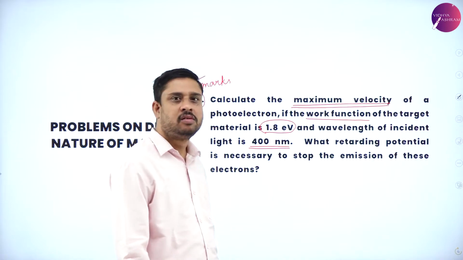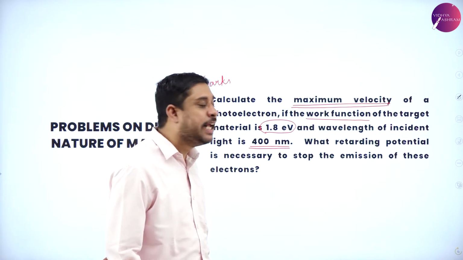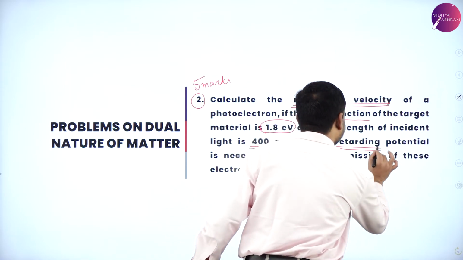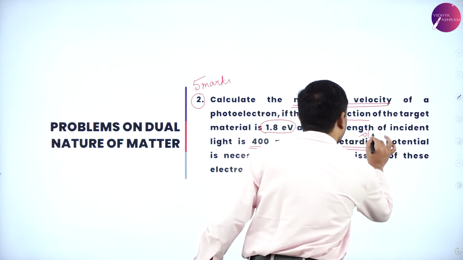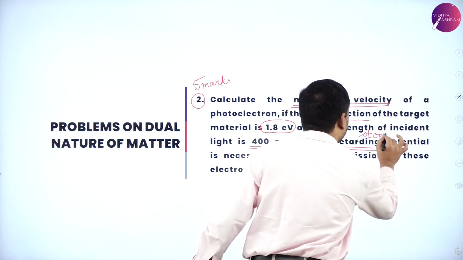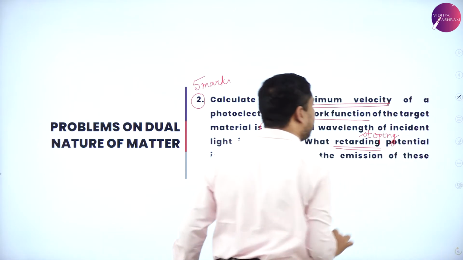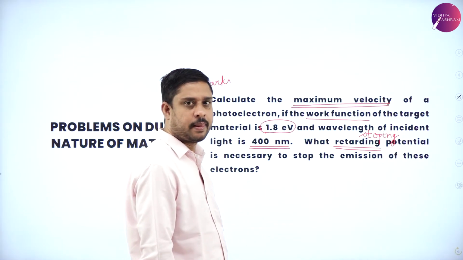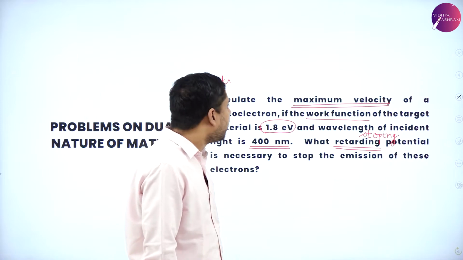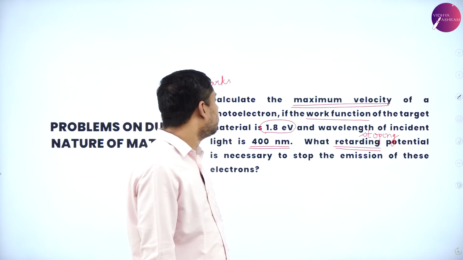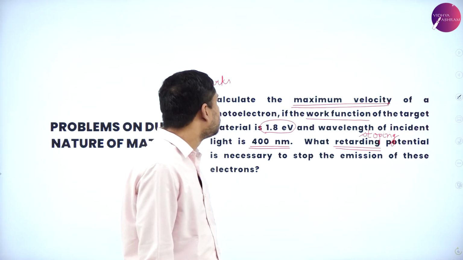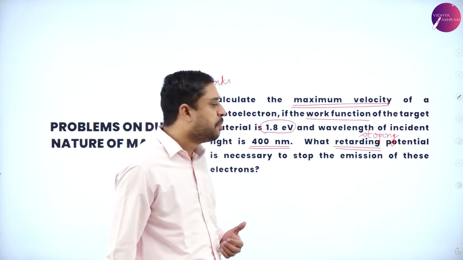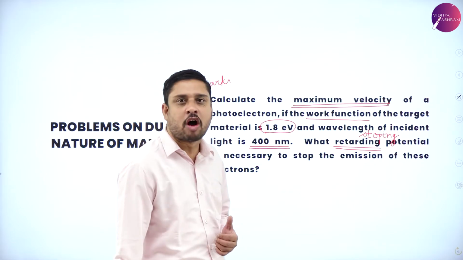What is the retarding potential? My dear students, the word retarding also means stopping potential. Retarding potential, stopping potential is necessary to stop the emission of these electrons.